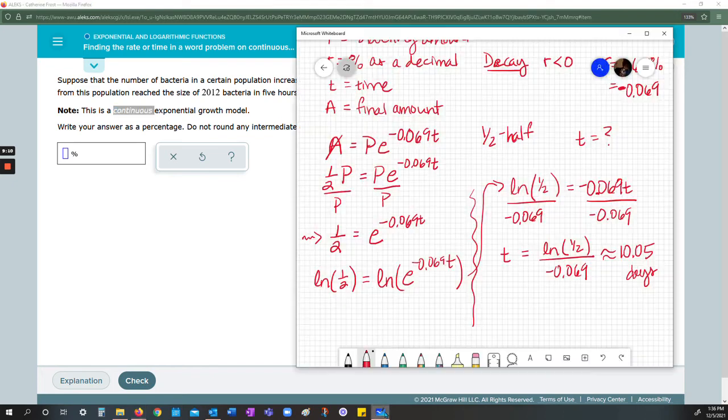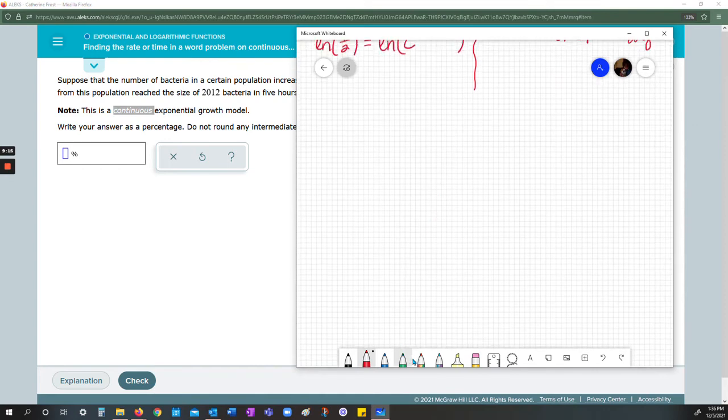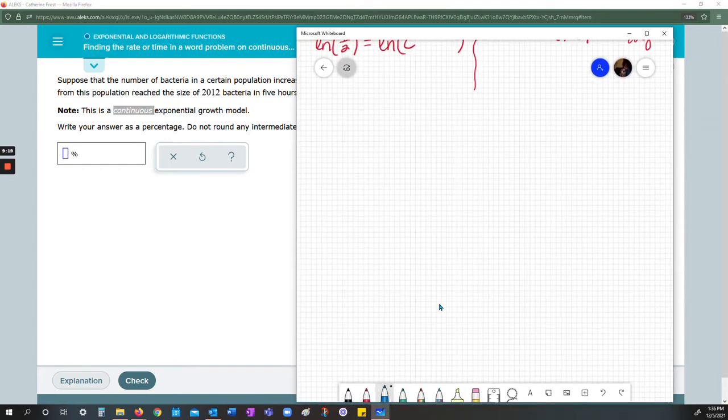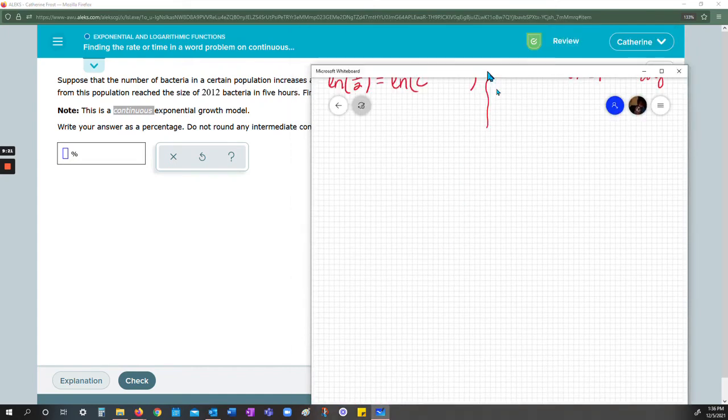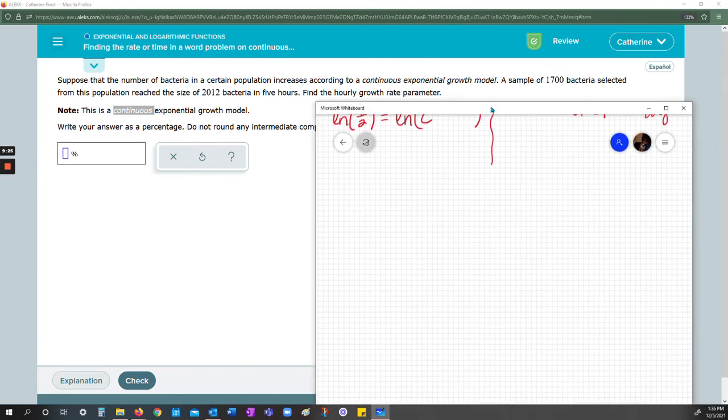Let's get rid of this stuff and switch colors. Hopefully it makes it a little easier to see. We're going to have the same basic formula to start with: A equals P e to the rt.